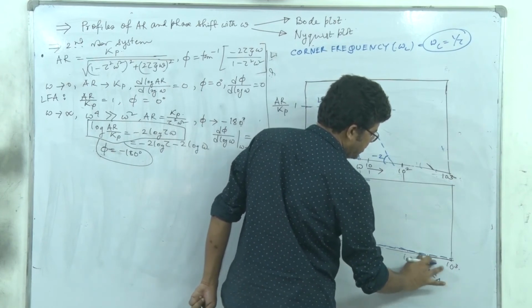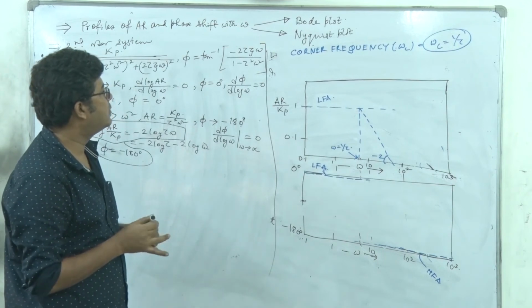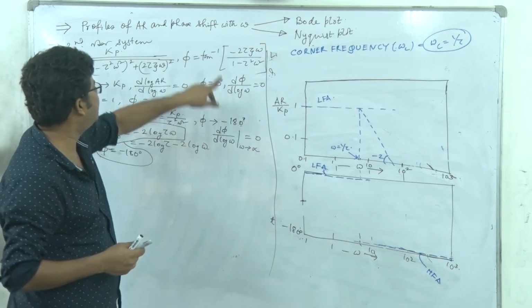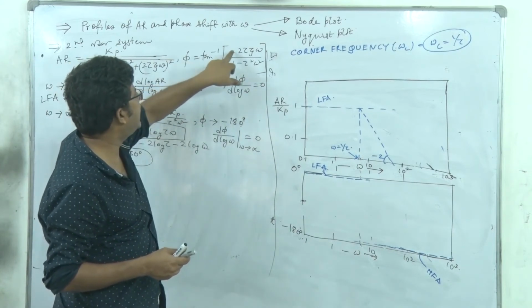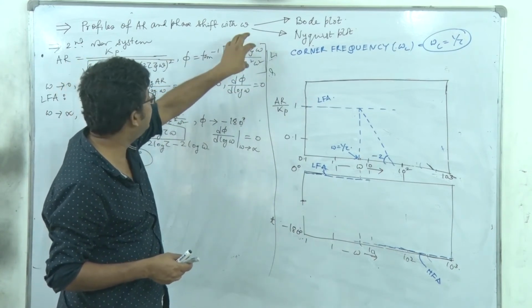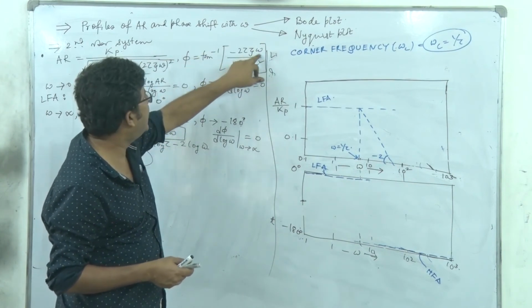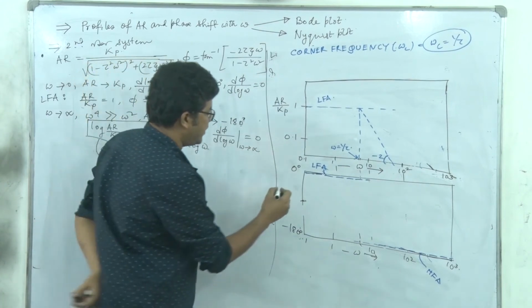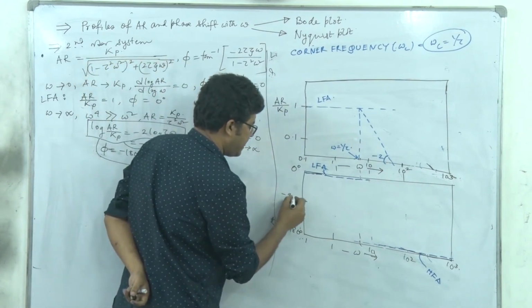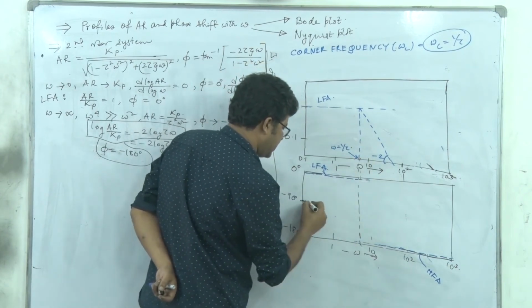And at corner frequency, that is omega c equal to 1 by tau, if I substitute the values, then phi is equal to tan inverse of minus infinity, because the denominator becomes 0, and here it is the minus sign. So tan inverse of minus infinity is minus 90. Right? So at this point, it will pass through a value like here.